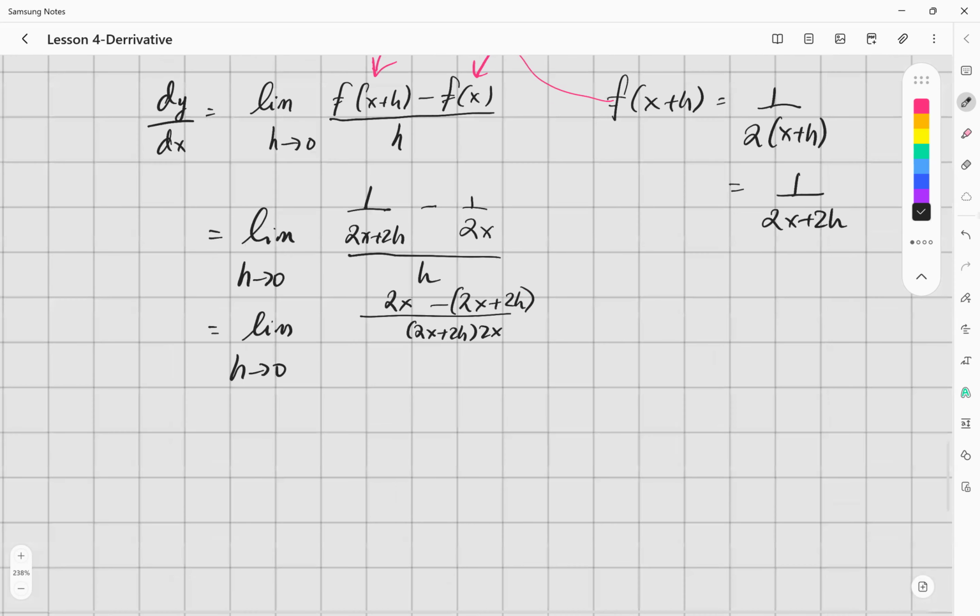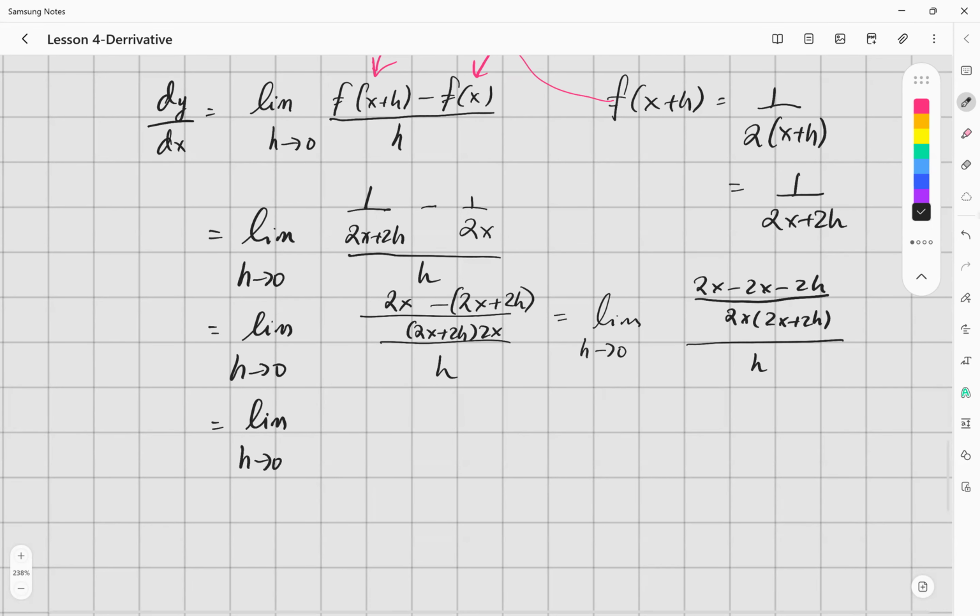And then you have the limit as h approaches 0, and everything is divided by h, I forgot. And then you have 2x minus 2x minus 2h divided by 2x times 2x plus 2h, and everything is divided by h. You continue here, you take the limit as h approaches 0.